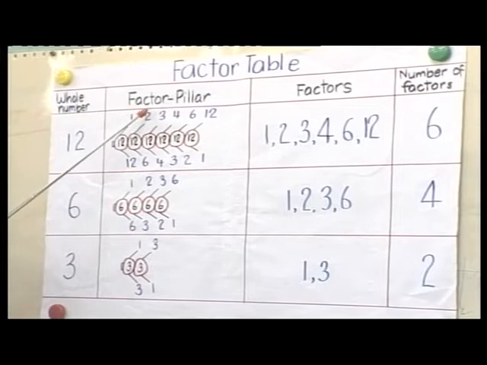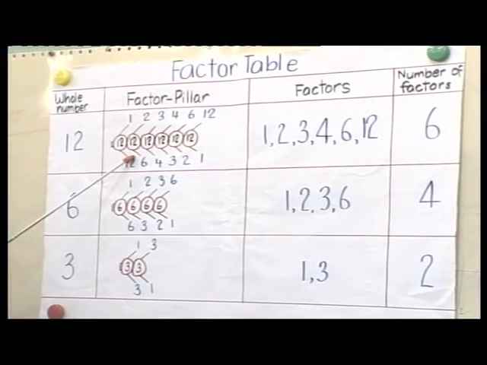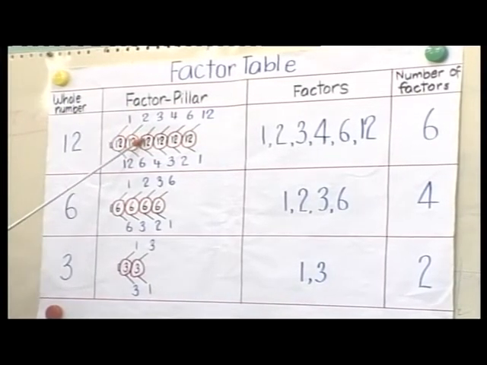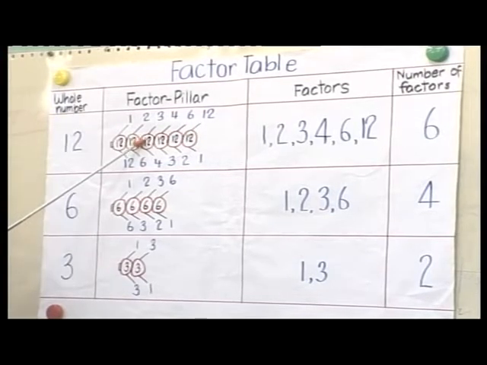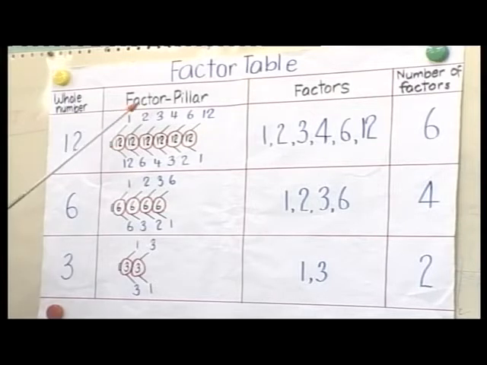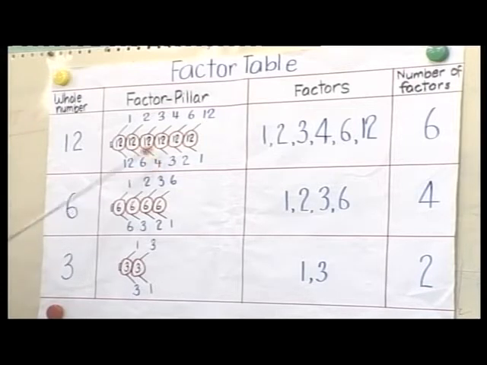When you multiply 1 times 12, it gives you that whole number, 12. 2 times 6 is 12, 3 times 4 is 12, and then the other way around, 6 times 2 is 12, 12 times 1 is 12.